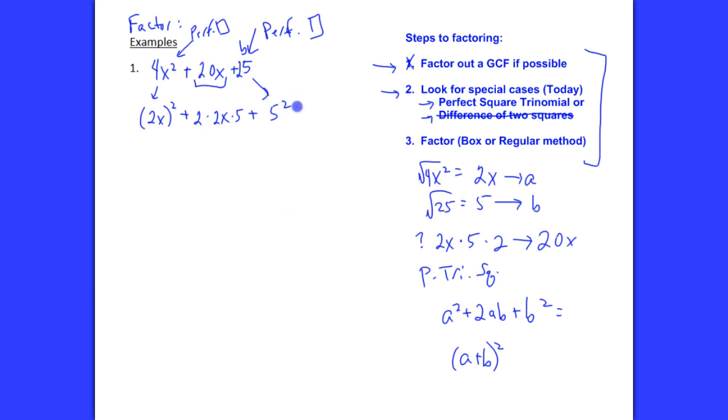There's my pattern. So this factors out to 2x, because a is 2x, plus 5, the quantity squared. And that would be my answer. Now you could FOIL this out, 2x plus 5 times 2x plus 5, and you would work it back to 4x squared plus 20x plus 25. So there's our first example.